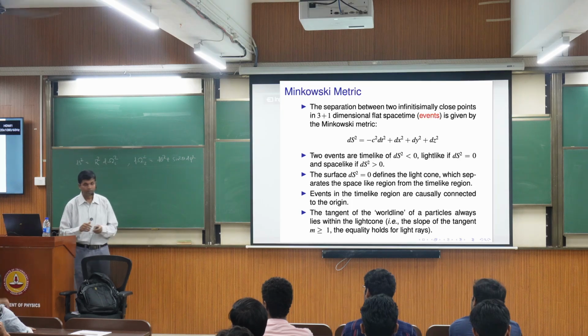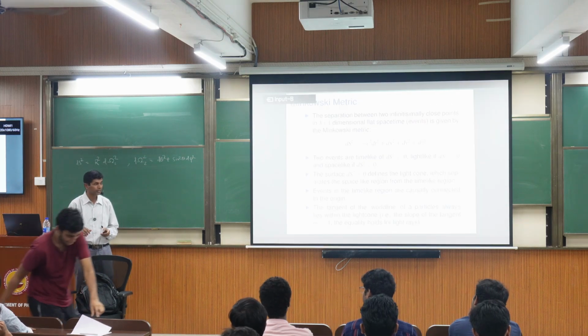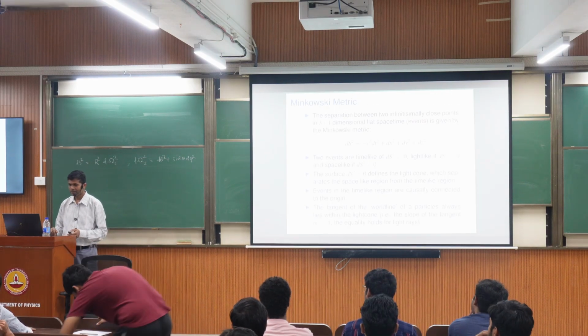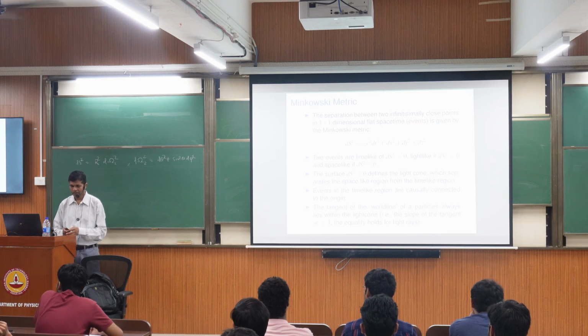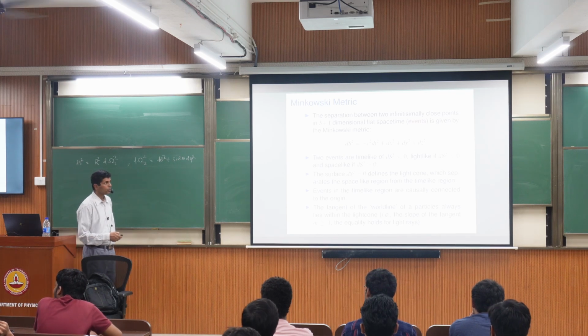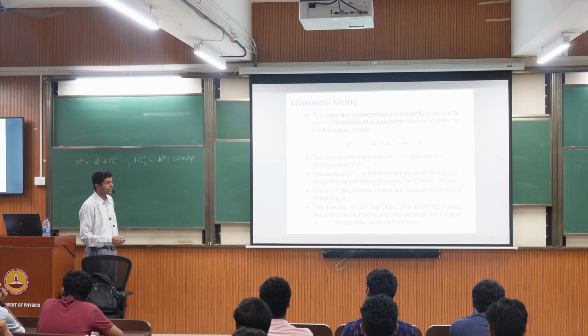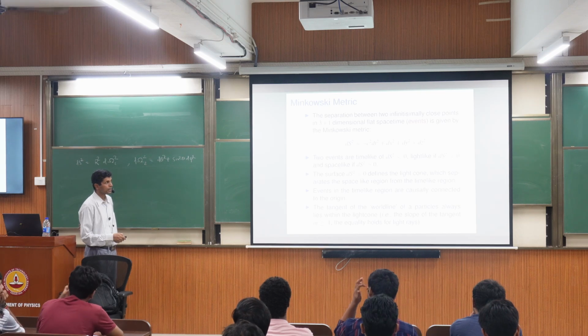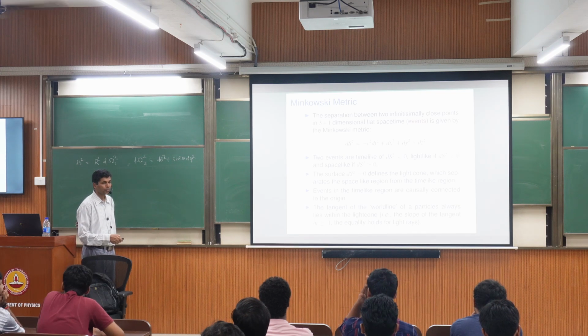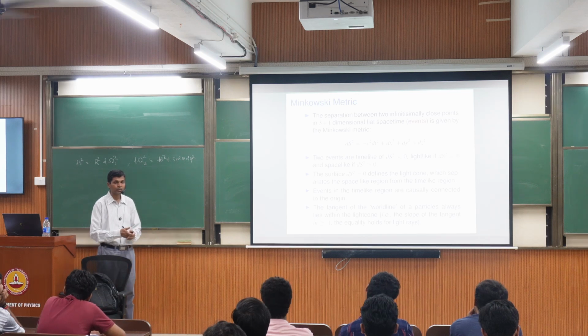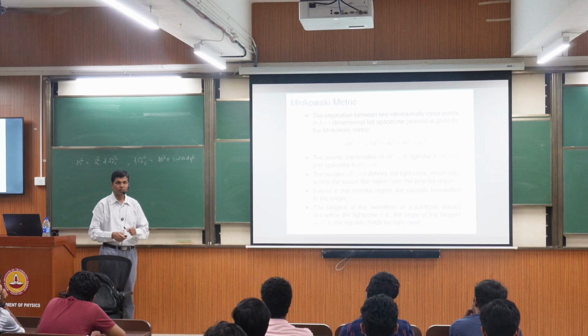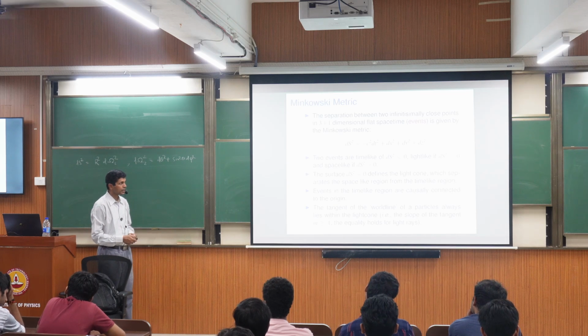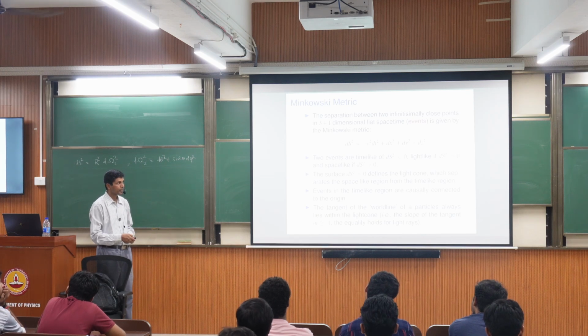So therefore, you consider two events in space-time, so basically 2 points. You call them time-like separated if this quantity is less than 0, in the sense that a particle can actually travel from one point in this space-time to another point if these two events are time-like with respect to each other.